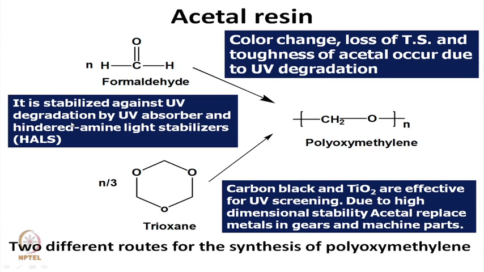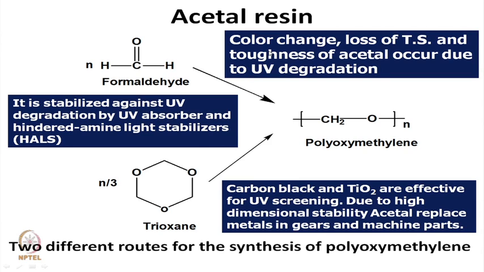Now, this polyoxymethylene is stabilized against UV degradation by UV absorbers and hindered amine light stabilizers. If a hindered amine light stabilizer or another UV absorbing compound is blended as an additive with this polyoxymethylene, it is an excellent composition which can prevent the product from degradation by UV exposure.